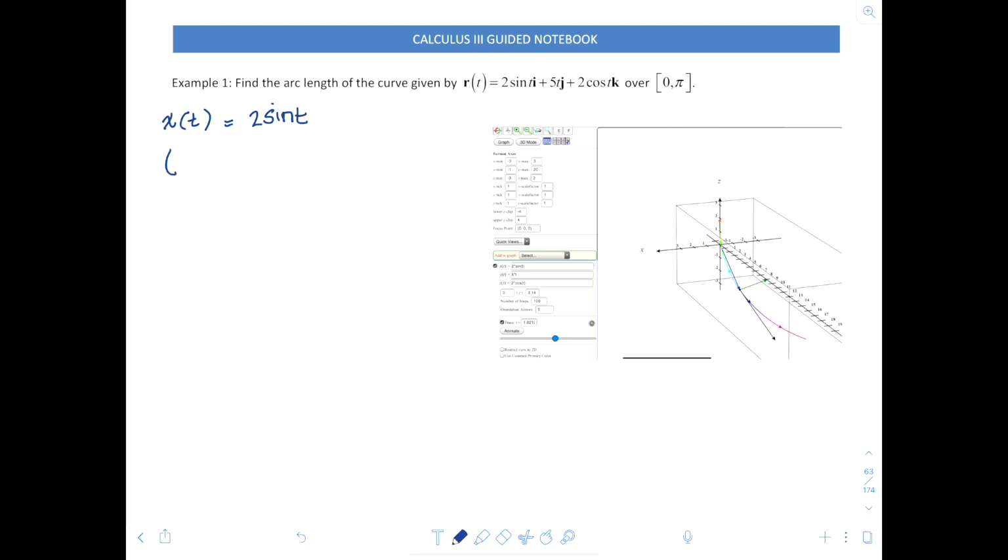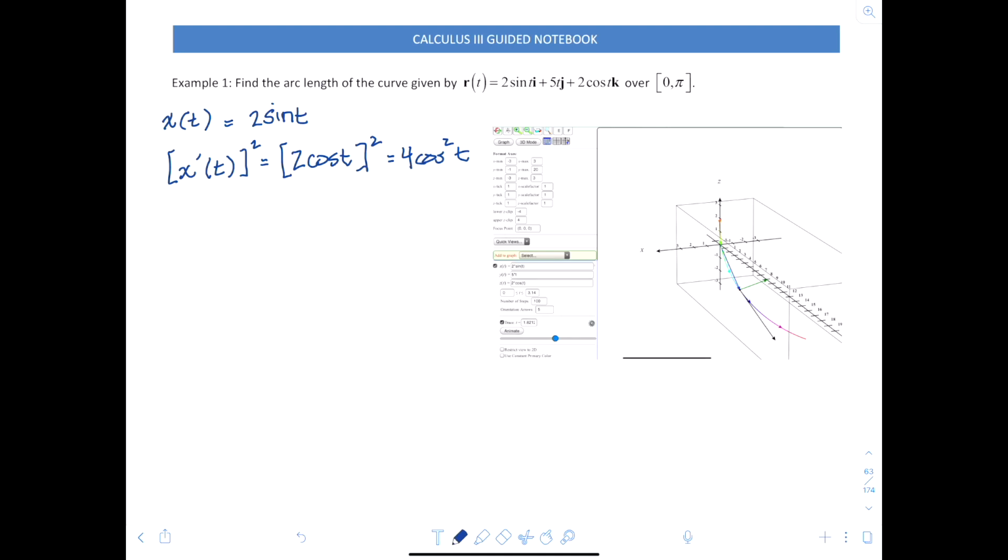And so x prime at t, the quantity squared, will be 2 cosine t, the quantity squared, which is 4 cosine squared t.